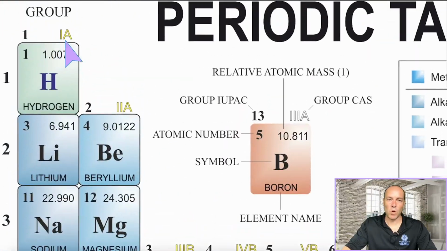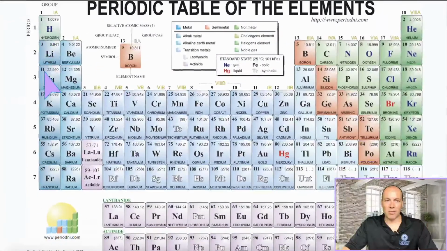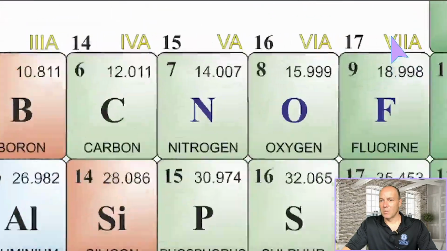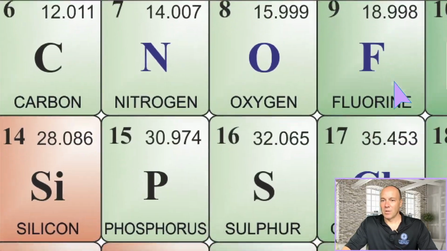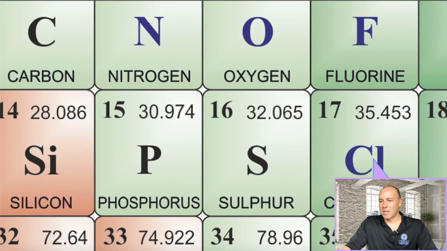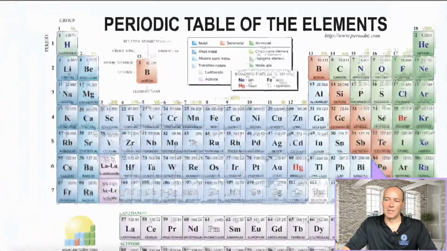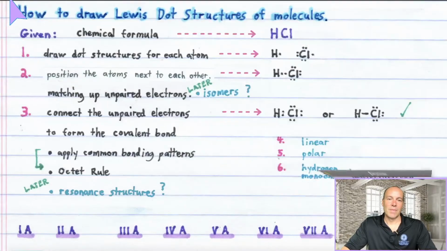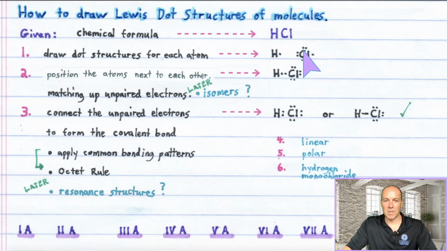Hydrogen is in group 1A, and all of the atoms in group 1A have 1 valence electron, and so they get 1 dot. Chlorine is one of the halogens in group 7A, and so chlorine gets 7 dots. So here are the two dot structures for the atoms.